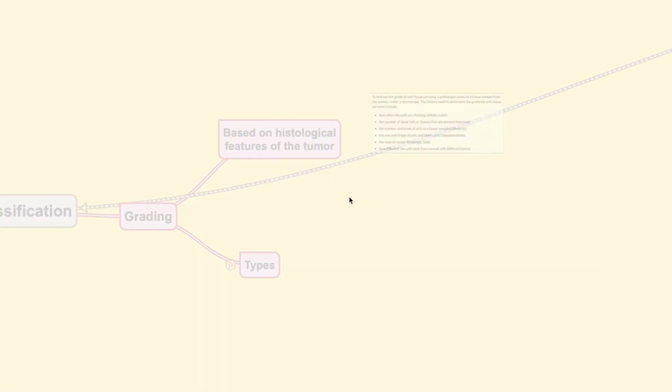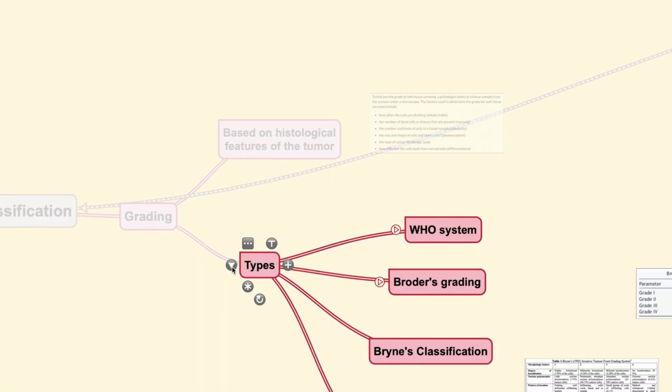Based on all this information, the tumor can then be graded.